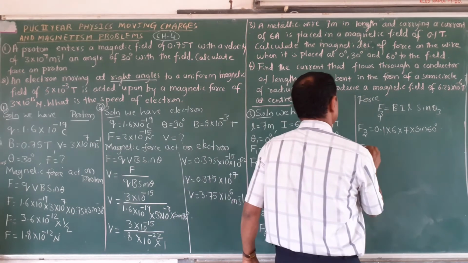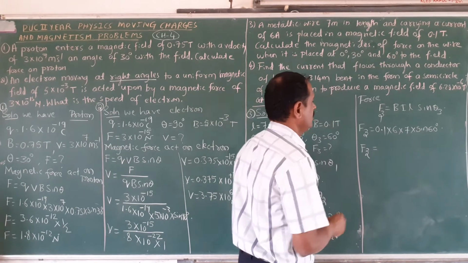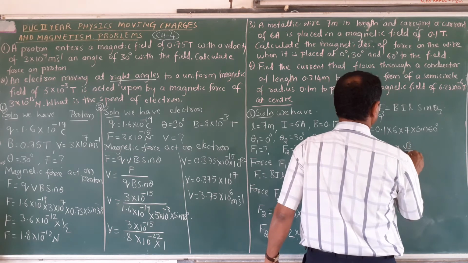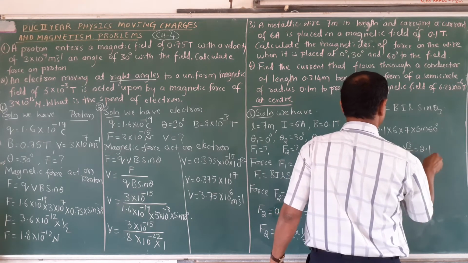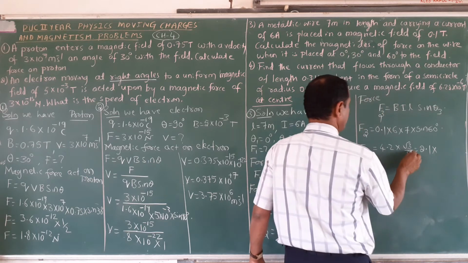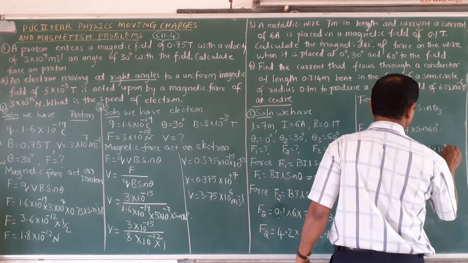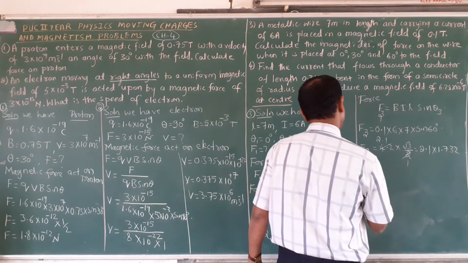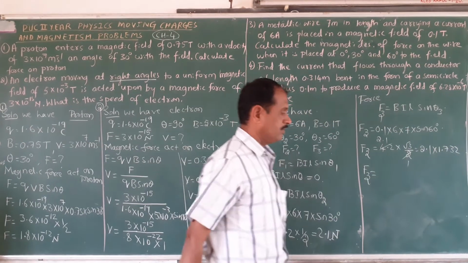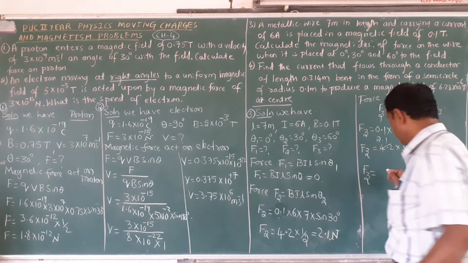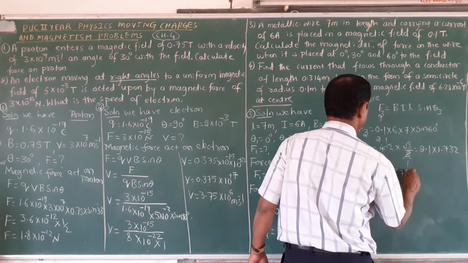Now F3 is 4.2 into root 3 by 2, which is 2.1 into root 3, that is 1.73. What is your force? You calculate it. How much did you get as the answer? 3.6372.